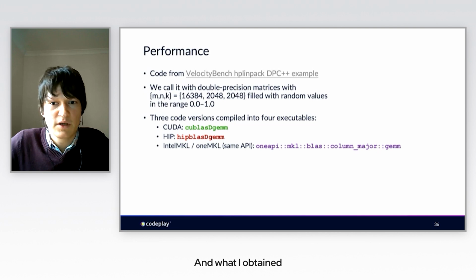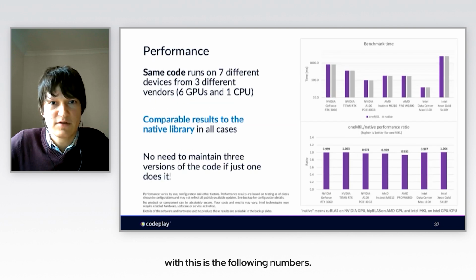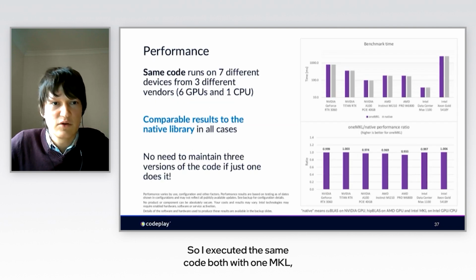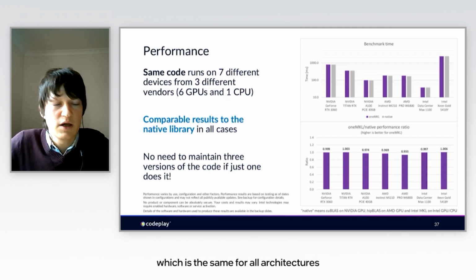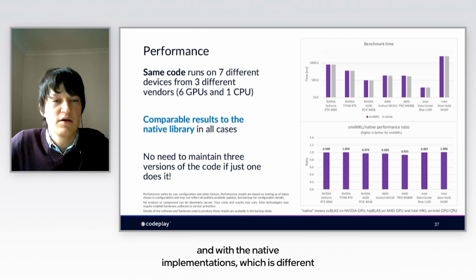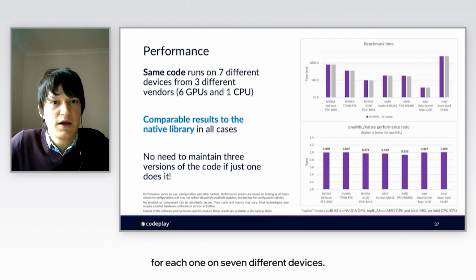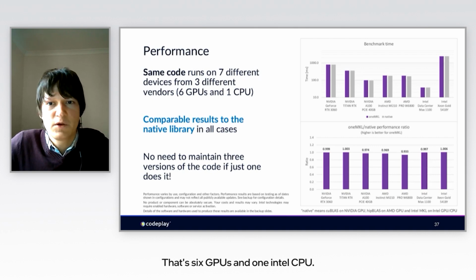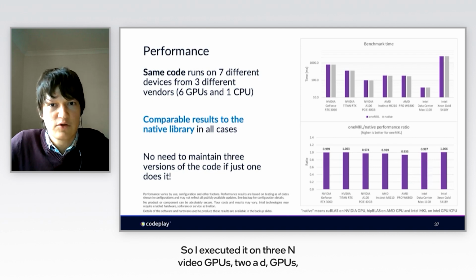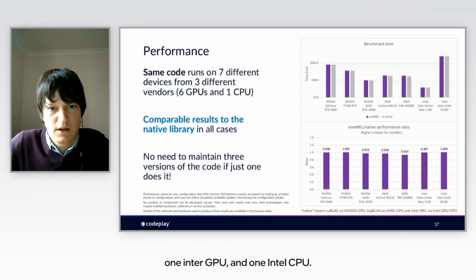And what I obtained with this is the following numbers. I executed the same code both with oneMKL, which is the same for all architectures, and with the native implementations, which is different for each one, on 7 different devices. That's 6 GPUs and 1 Intel CPU: 3 Nvidia GPUs, 2 AMD GPUs, 1 Intel GPU, and 1 Intel CPU.